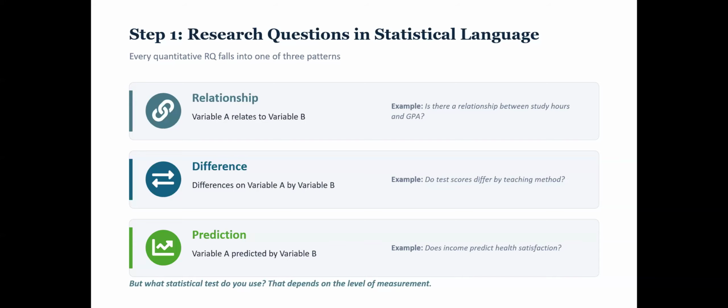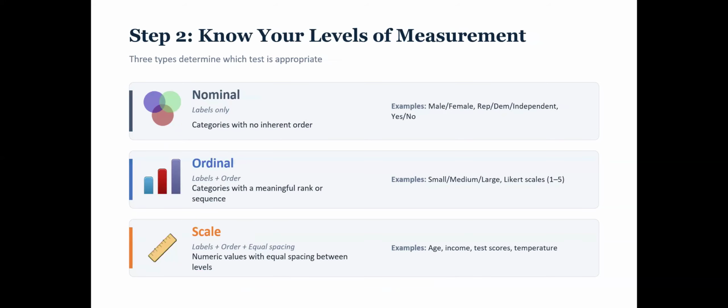Once you have that statistical language, the other piece of information you need is the level of measurement of the variables. Level of measurement comes in three varieties. Nominal, name only: male, female, Republican, Democrat, Independent. You can have more than two categories, but they are just categories. There's no order, no hierarchy, just names.